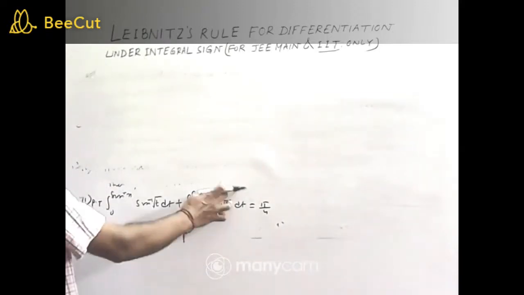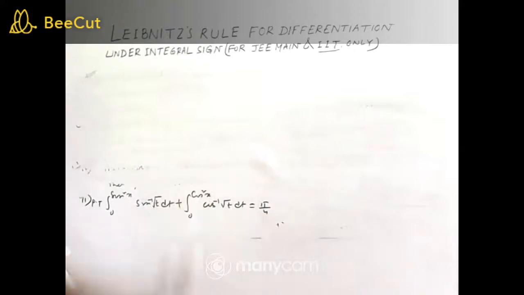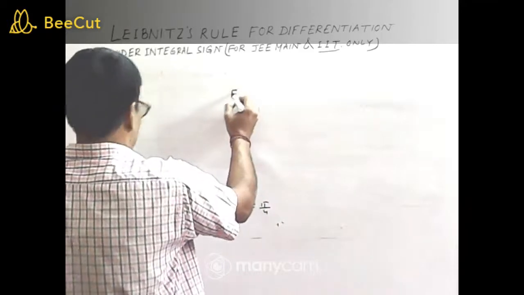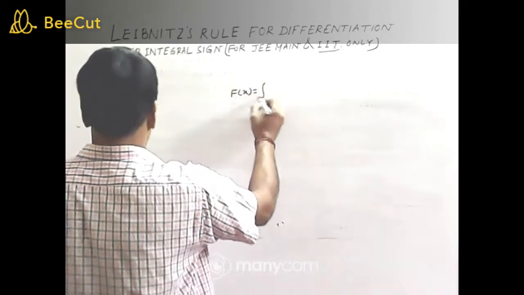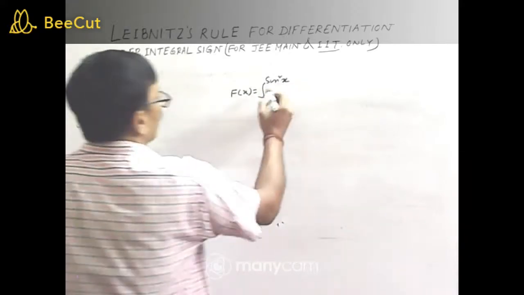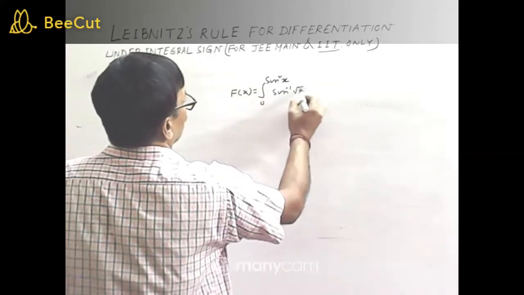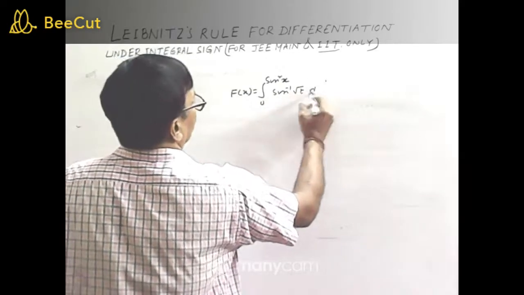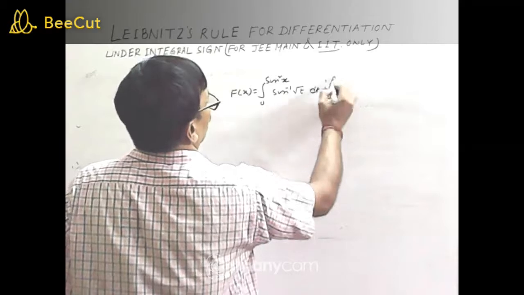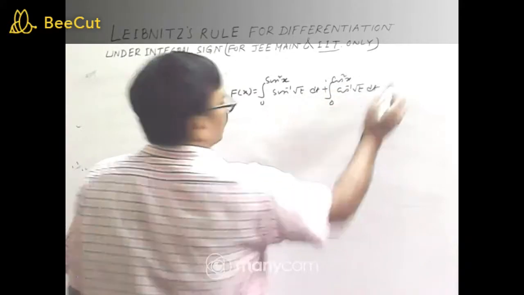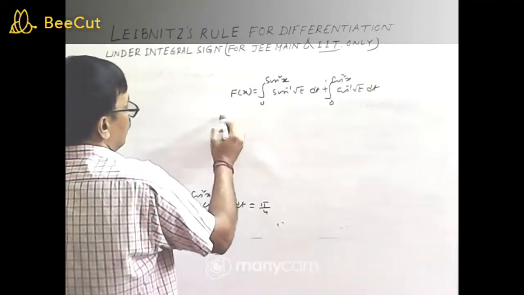So integration with respect to t, upper limit is x. So it is a function of x. So we consider this as capital F(x): integral 0 to sin square x of sin inverse root t dt plus integral 0 to cos square x of cos inverse root t dt. So what is F dash x?